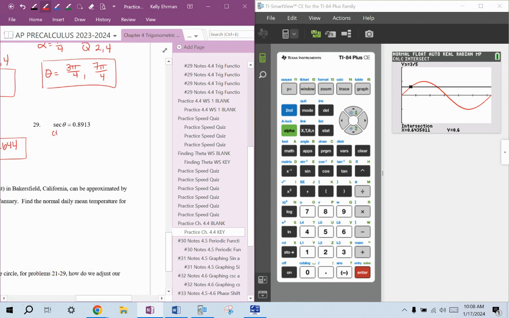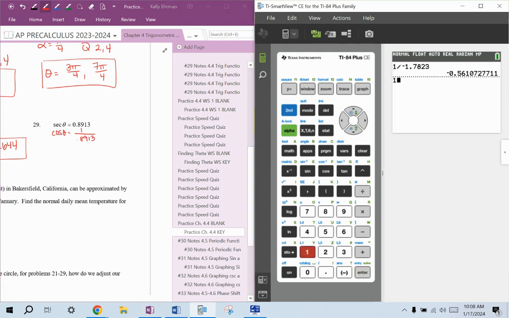This one takes rewriting. Cosine theta is equal to 1 over 0.8913. Let's see what that is. 1 over 0.8913. So that's 1.122. So our window that goes from negative 2 to 2 should be fine for the y values. So we just adjust this a little bit. This is cosine.